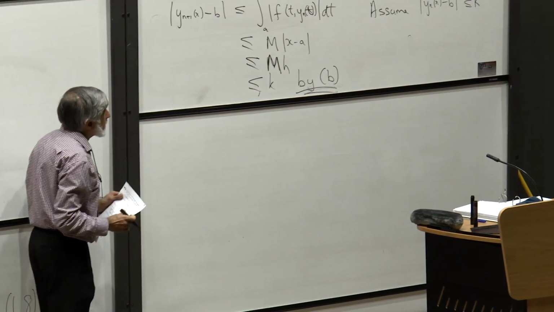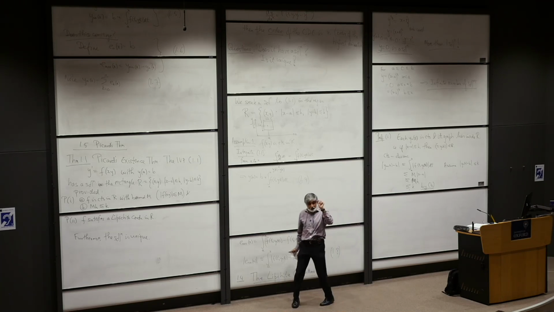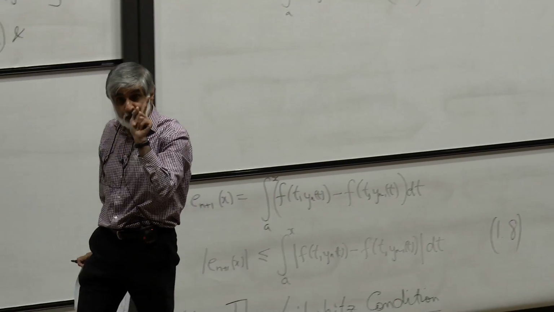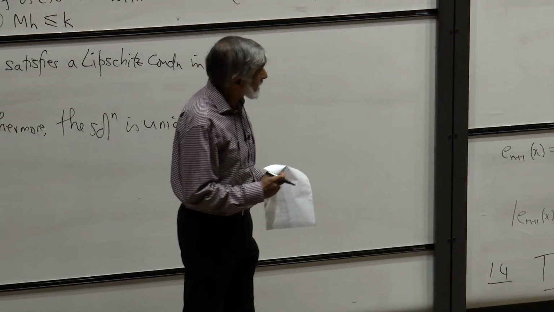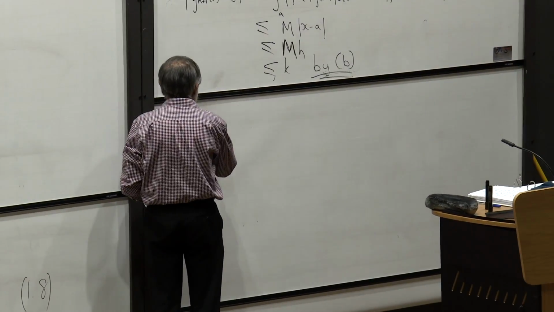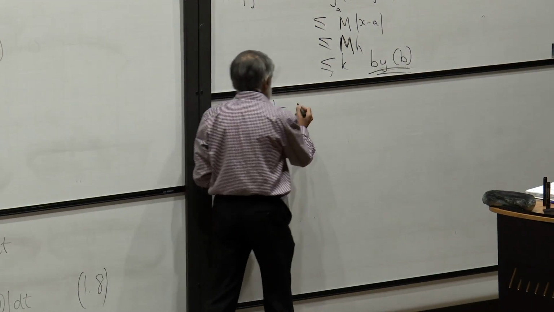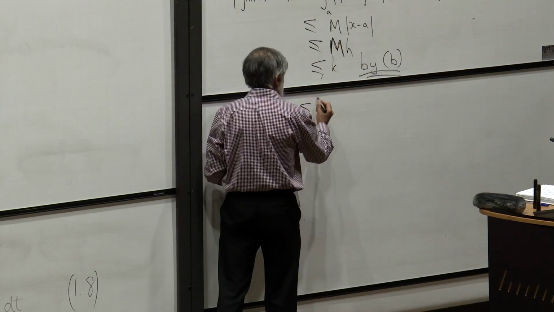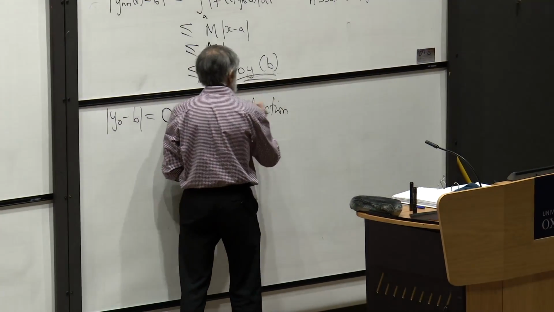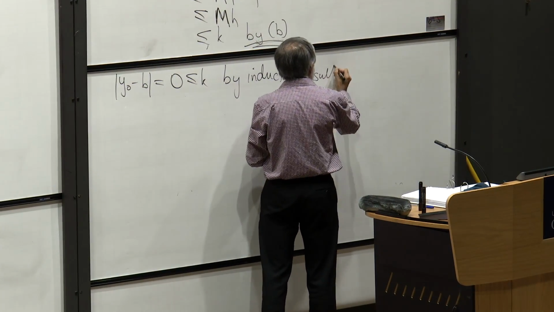So what we've shown then is that if yn lies in R, meaning yn minus b is less than or equal to k, then yn plus 1 minus b is less than or equal to k. So now let's look at y0 for the induction. y0 minus b, well, y0 is b, so that's 0, which is less than or equal to k. So by induction, the result is true for all n.